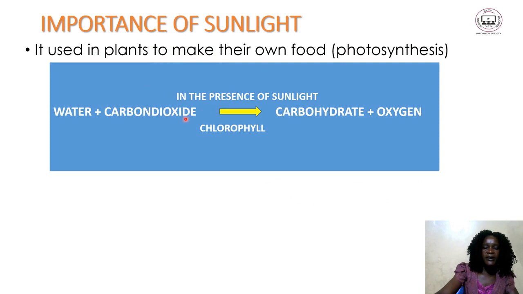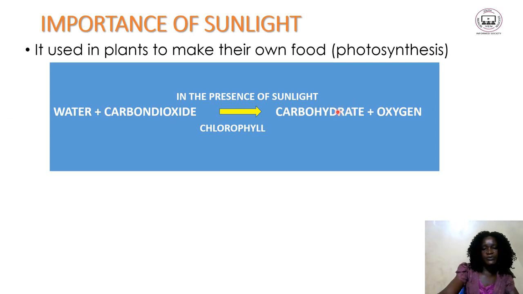Here we have the equation for photosynthesis. On the left side we have the raw materials, and on the right side we have the output.